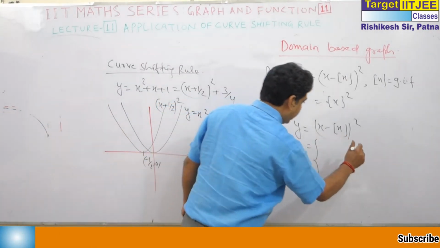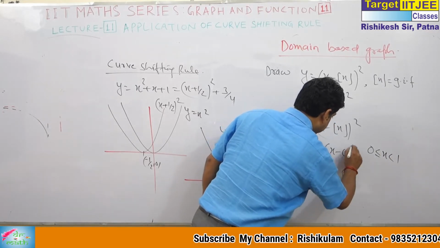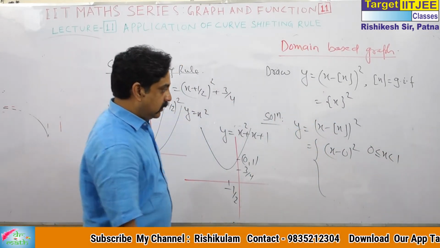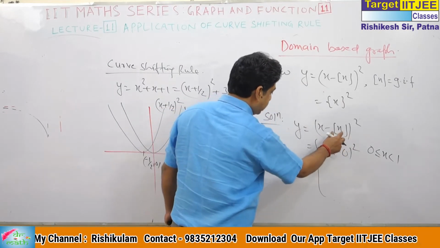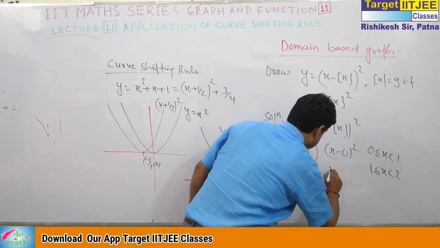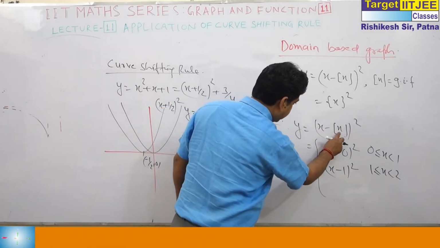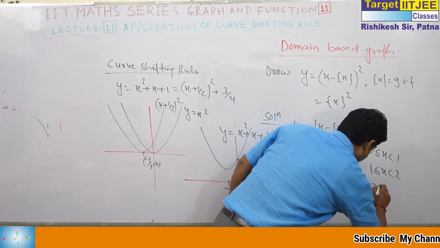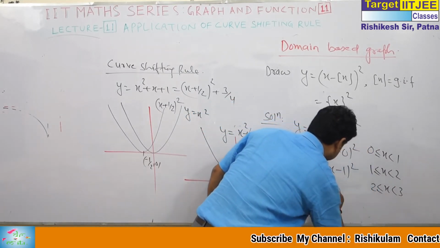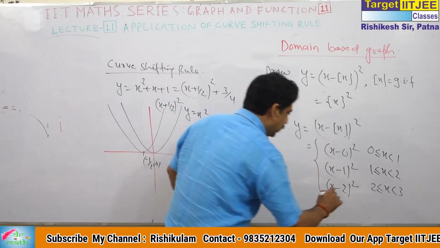When x lies between 0 and 1, this is (x - 0)². When x lies between 1 and 2, this is (x - 1)². When x lies between 2 and 3, taking 2, not taking 3, this is (x - 2)².